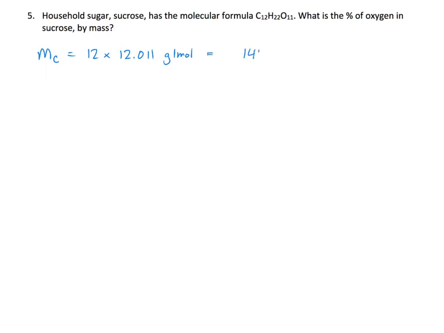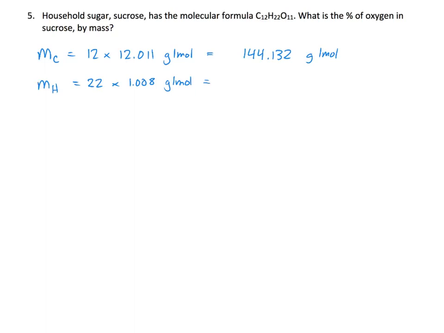That's 144.132 grams per mole. Hydrogen next. Mass hydrogen is, we have 22 of these, 1.008.